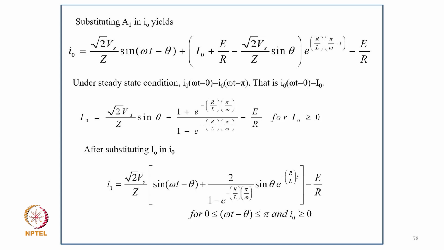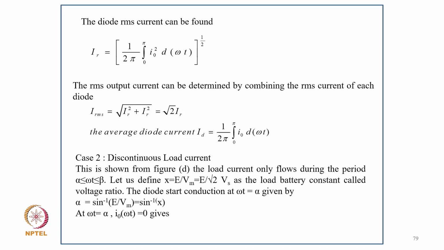And after substituting capital I0 in small i0, small i0 equals (√2 Vs/Z)[sin(ωt − θ) + (2/(1 − e^(−(R/L)(π/ω)))) sin θ e^(−(R/L)t)] − E/R for ωt from 0 to π and I0 greater than 0.